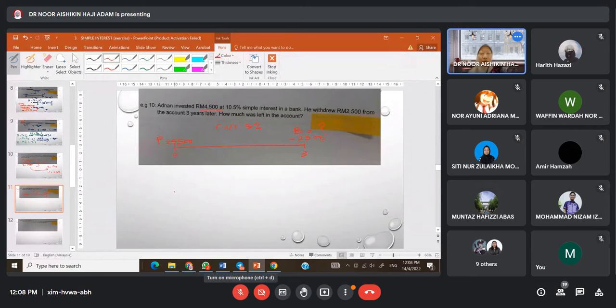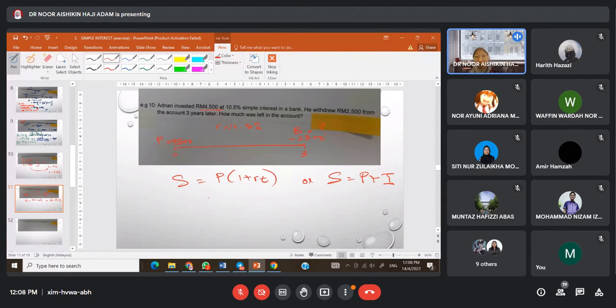So to find S, you can use either P times 1 plus RT. It's more direct compared to using S equals P plus I, because if you use the second formula, you need to calculate the interest amount. Whereas if you use the first formula, you have P, you have R, you have T, and directly, it can give you the S amount.